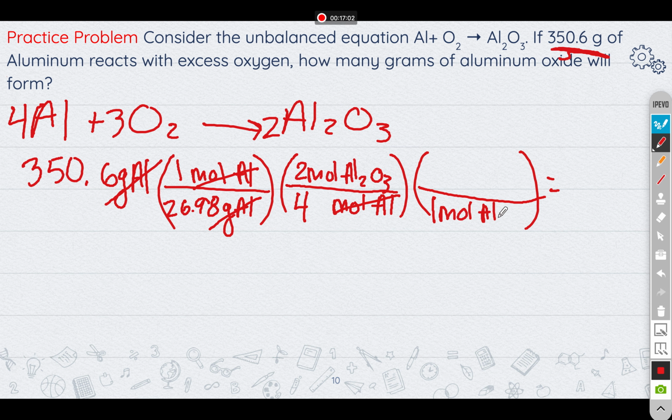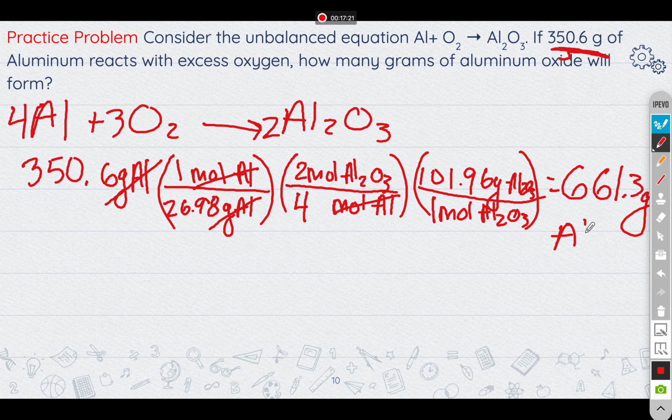So 1 aluminum oxide, and the molar mass is 101.96 grams of aluminum oxide. And then my answer is 661.3 grams of aluminum oxide. Okay, so that's your final answer.